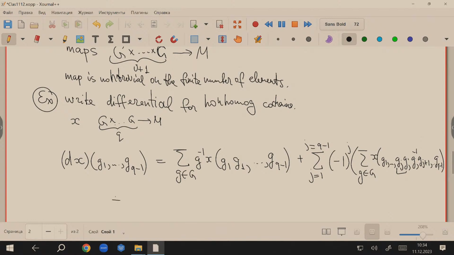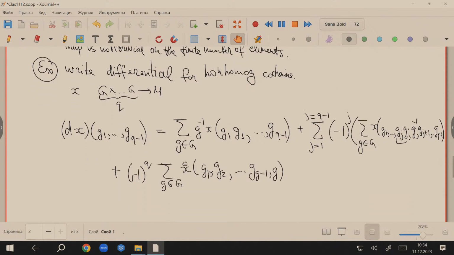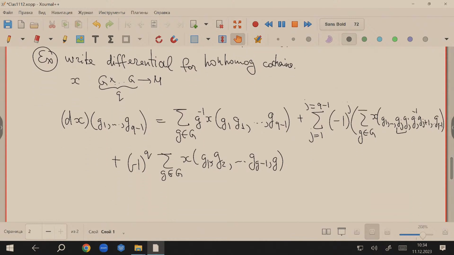The last term is just minus 1 to the power q. You may calculate this for one chain and get our answer.